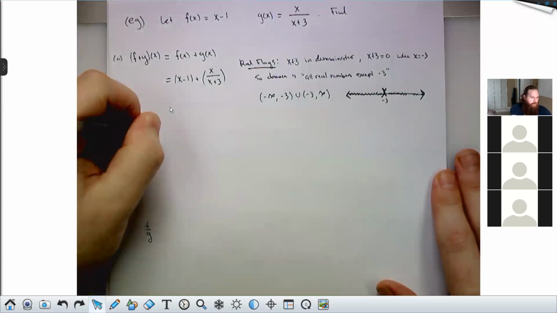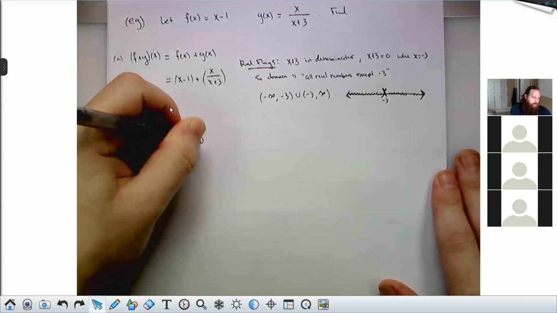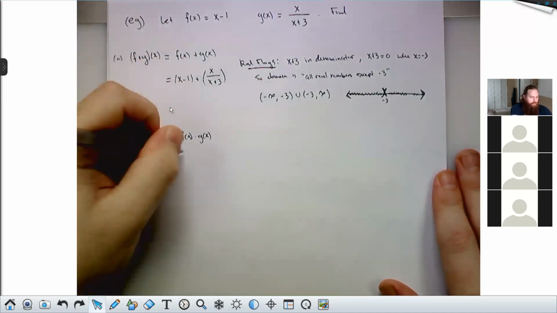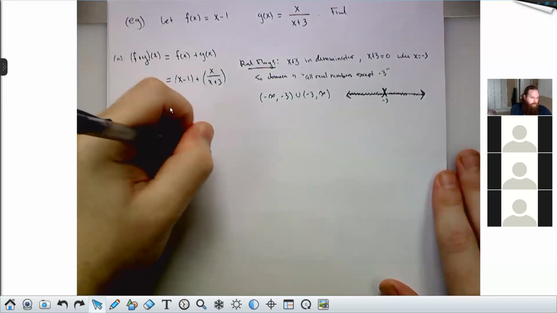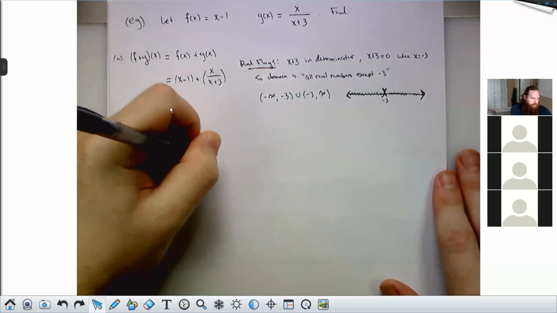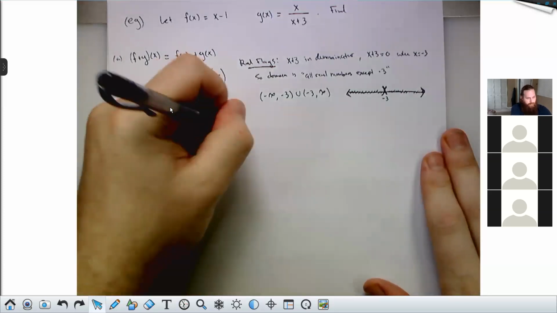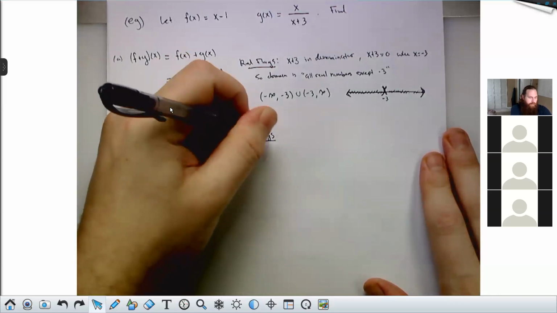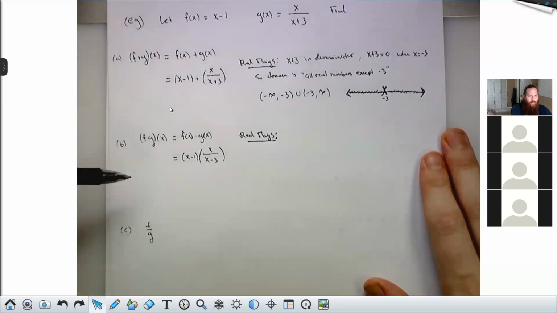f times g of x. Well, that's always f of x times g of x. f of x, again, is just x minus 1. And g of x is x over x plus 3. And we have the same red flags. So like we said in class on Monday, the domain of f plus g, f minus g, and f times g are always the same.